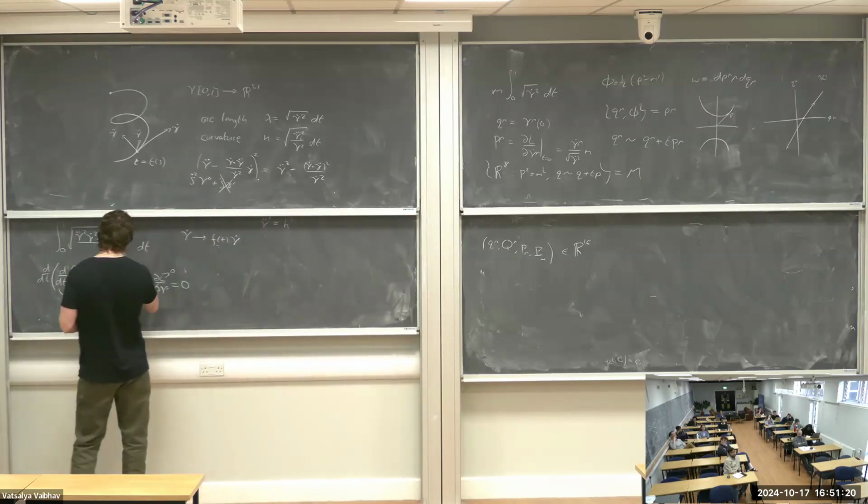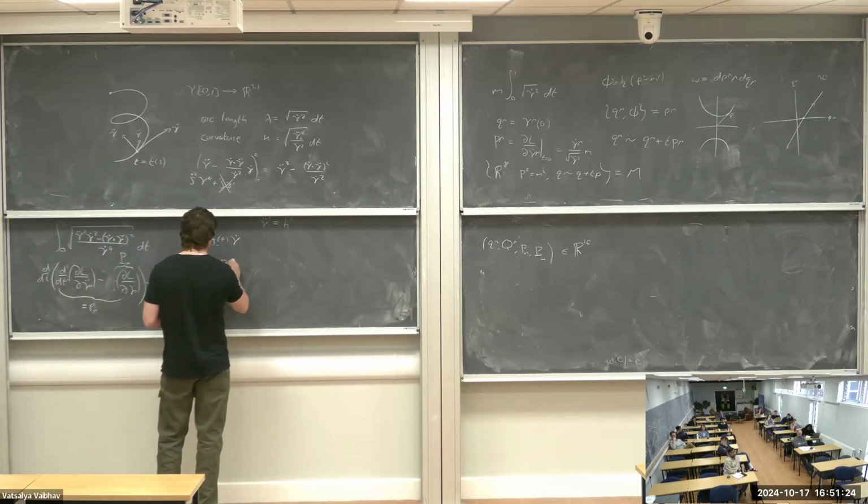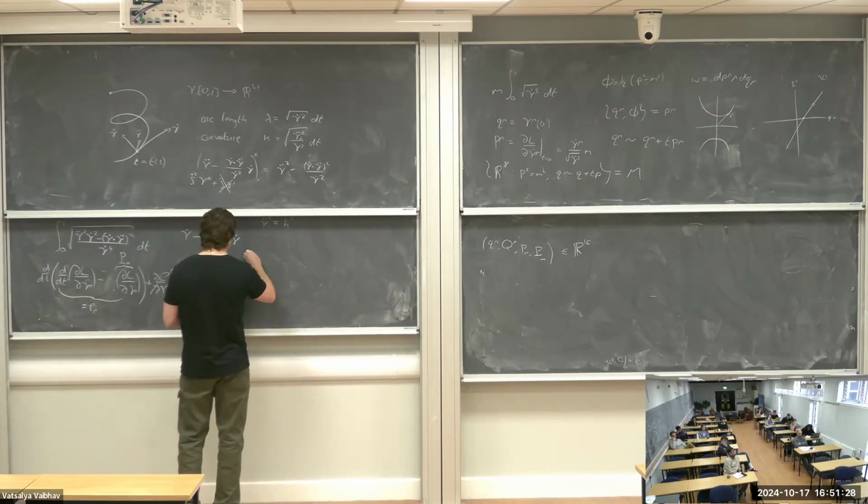my big P momentum, capital P mu, now looks like, so this was the L double dot.